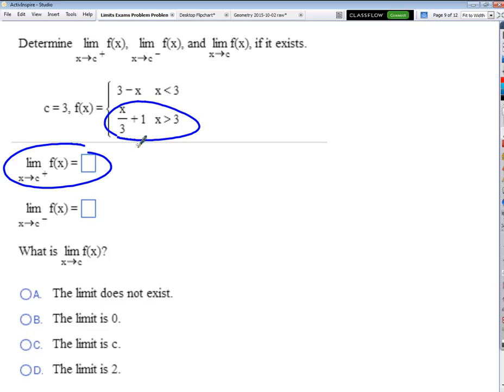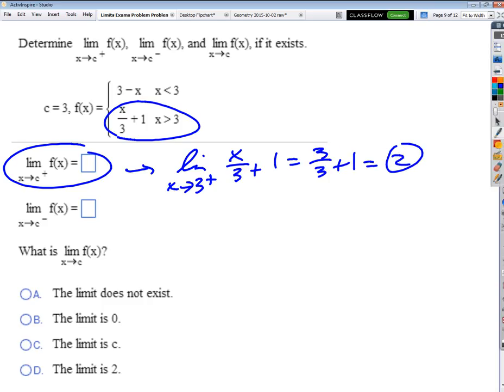If we're approaching from values greater than 3, we're walking on this part of the function. So we evaluate the limit of x over 3 plus 1 as x approaches 3 from the right. 3 over 3 plus 1 equals 2.